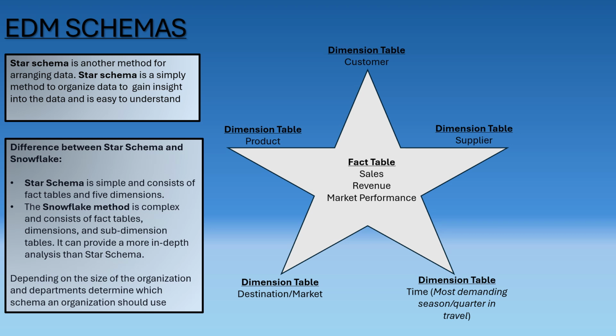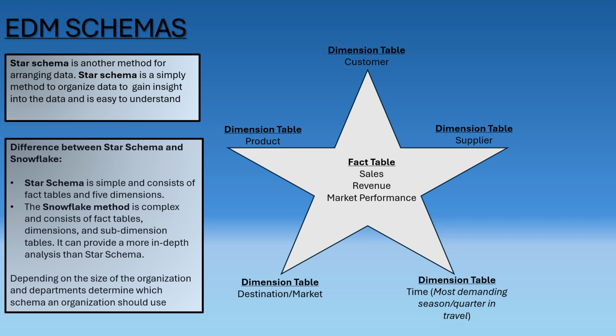The star schema is the topic for this particular slide. The star schema is another method for arranging data. It is a simple method to organize data to gain insight into the data and it is easy to understand.